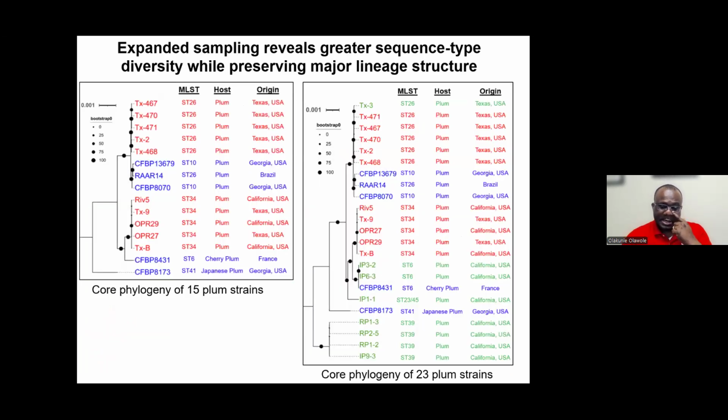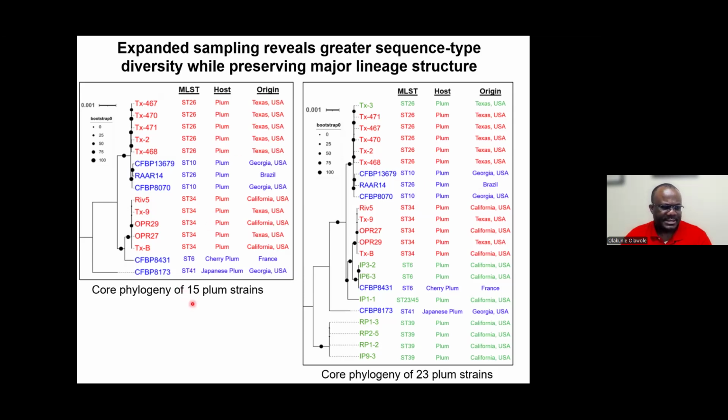So to determine whether our initial observations were representative of the broader plum-associated population, we incorporated additional plum-associated genomes, this time from California. Remember, the focus was meant to be on Texas and California strains.